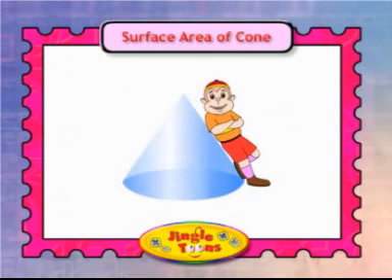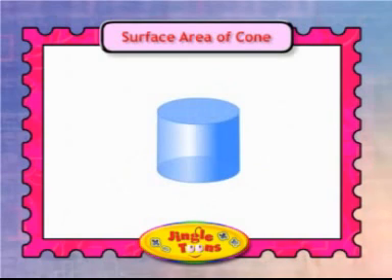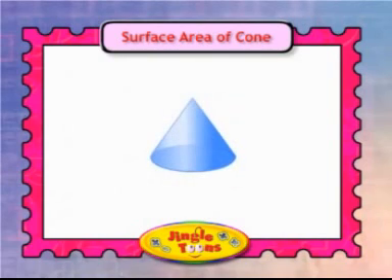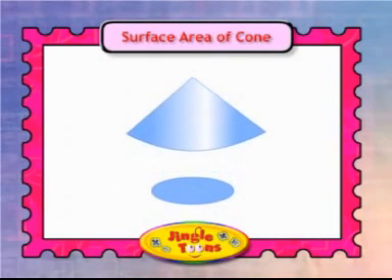Surface area of cone. A cone is also like a cylinder, only it goes narrowing up towards the top until its top circle vanishes and its sides merge with each other. The area of a cone is the sum of the area of base circle and conical surface area.